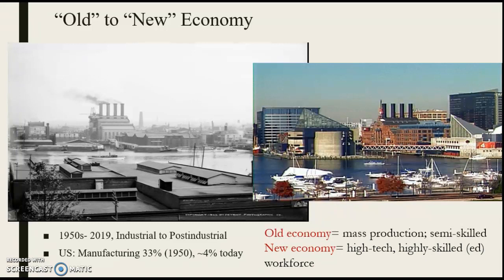They have more disposable income and they have more free time. So we've seen this shift not only occur in what people do, but also how they spend their free time. The image on the right shows a Baltimore that no longer has heavy industry, but one that caters to high wealth individuals, individuals working in this new economy with many skills, with high education, with high salaries.